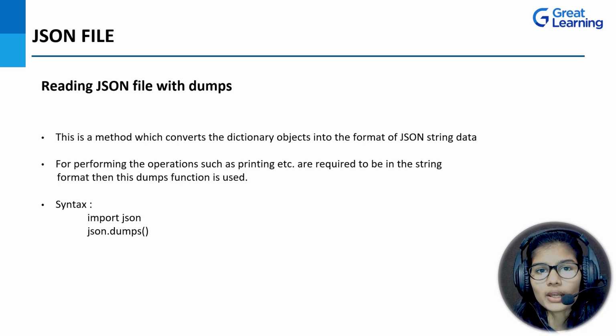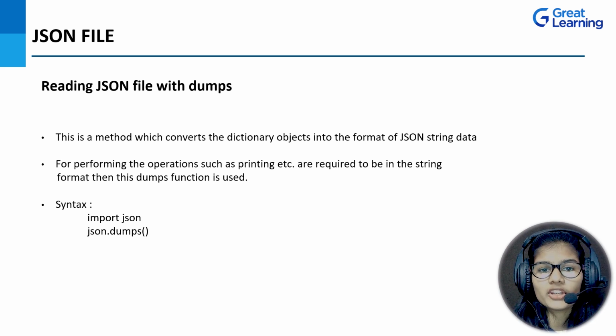So dumps is one of the methods which converts that dictionary object into the format of JSON string data. Whenever we want to convert a dictionary object into JSON string data format, in that relevant case we use this dumps function. Okay, hope I'm clear with this.